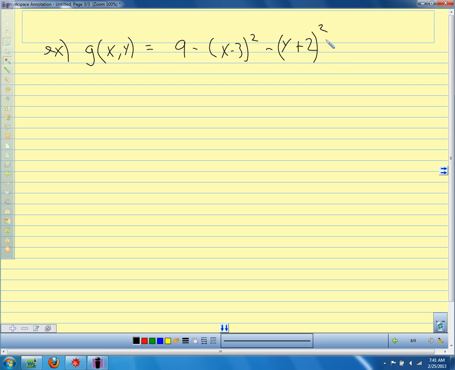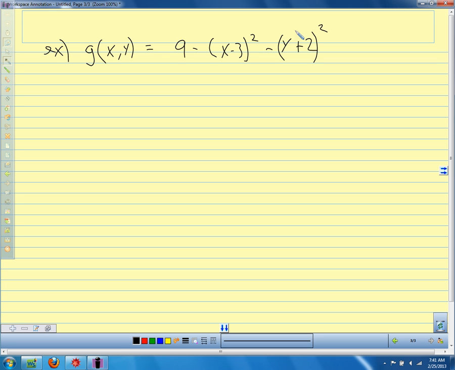So first off, just thinking about this surface, if we say z equals 9 minus (x minus 3) squared minus (y plus 2) squared, what kind of surface is that going to be? So our level curves, will they be circles or ellipses? Circles. Our level curves will be circles, and this minus 3 and this plus 2 just shifts the centers, right?